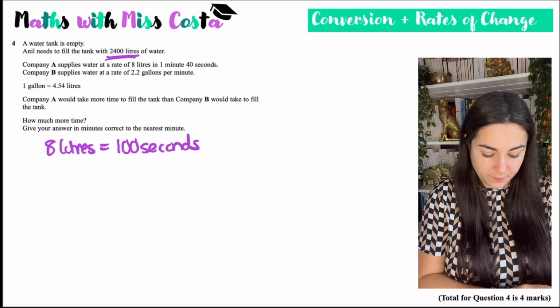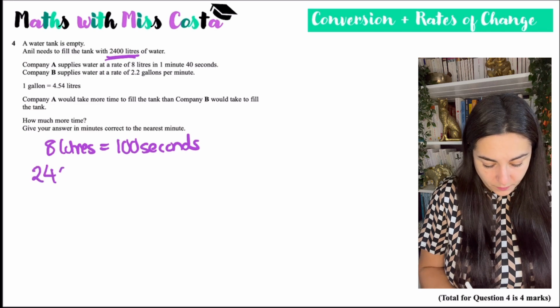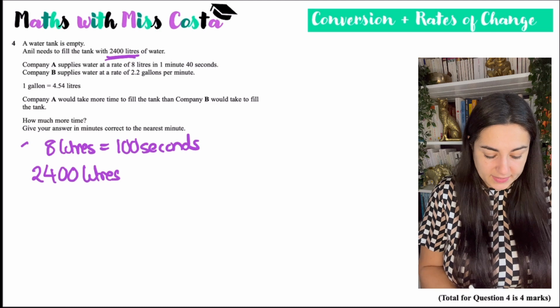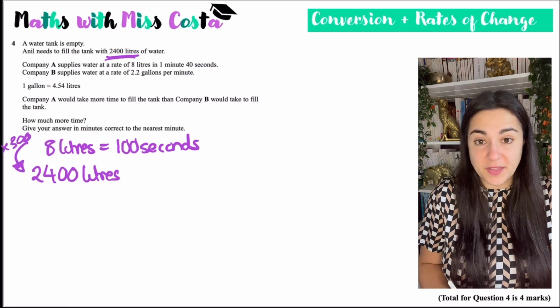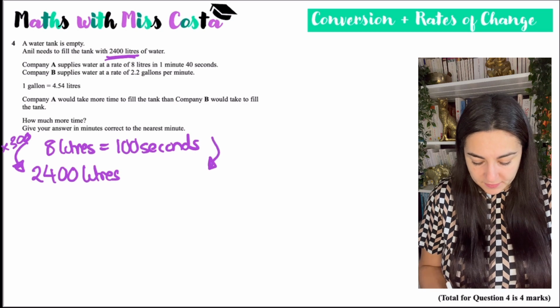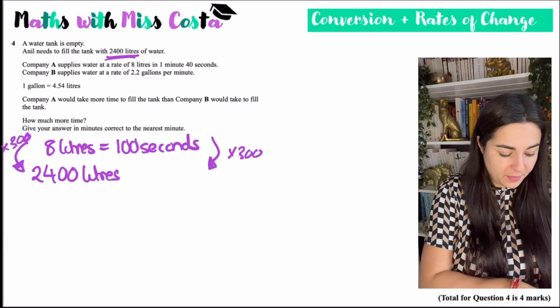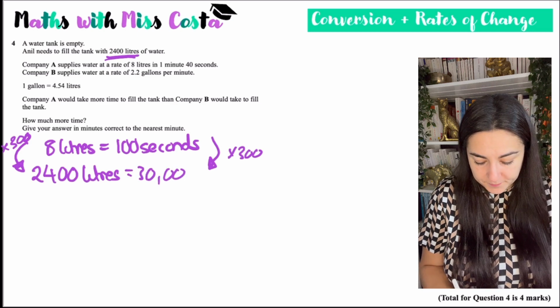So we do 2,400 divided by 8, which is 300. Okay, so we know that 8 times 300 would give us 2,400. So we have to multiply this by 300 as well. So 100 times 300 is 30,000 seconds.